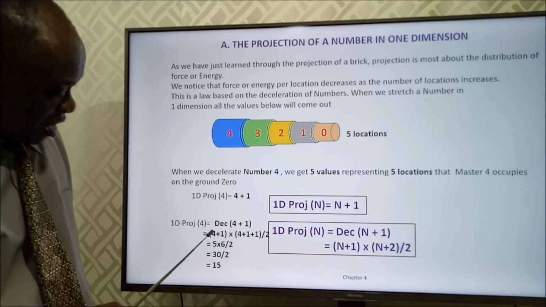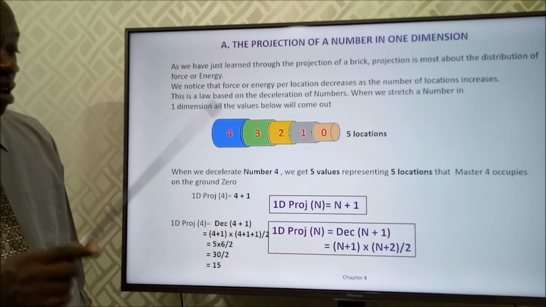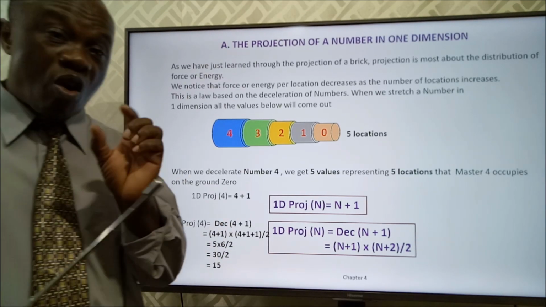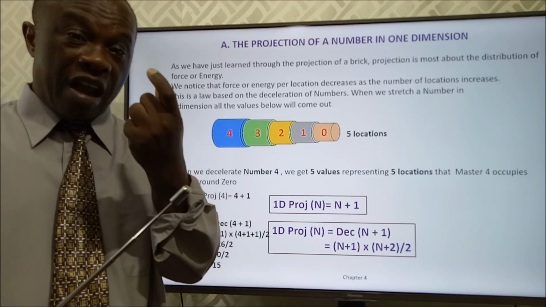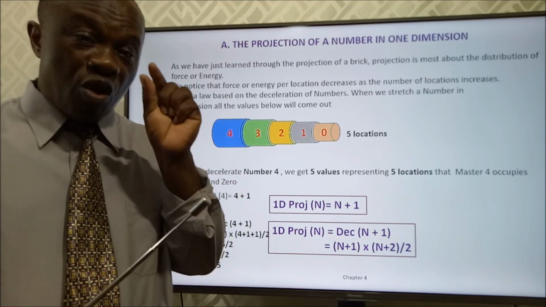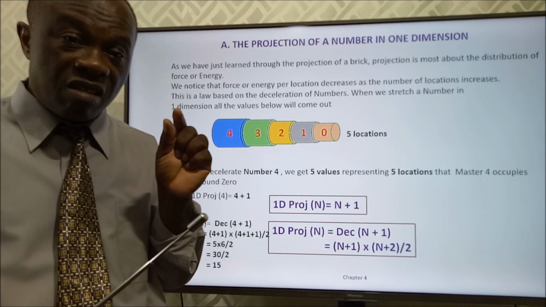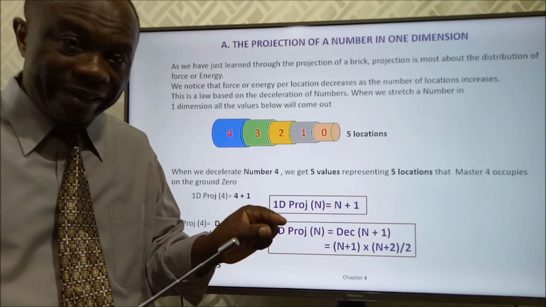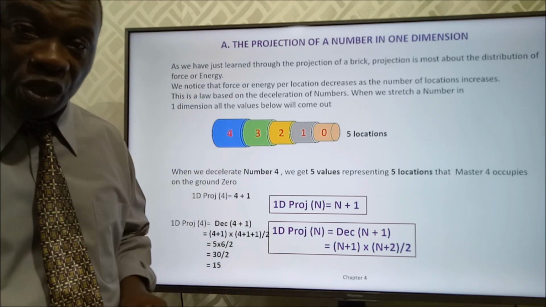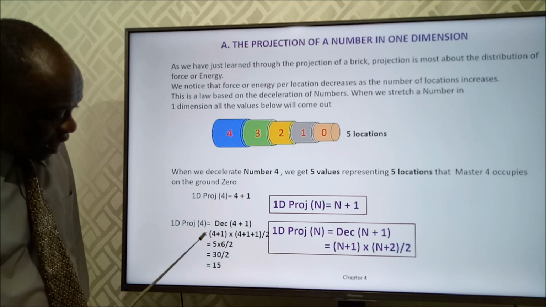And the formula is that the deceleration of a number n equals n times n plus 1, divided by 2. And here we apply it.